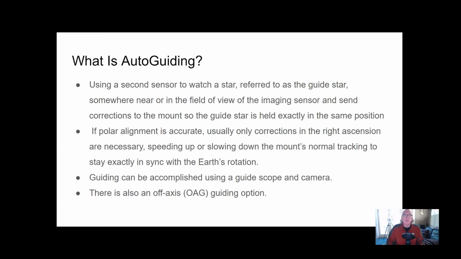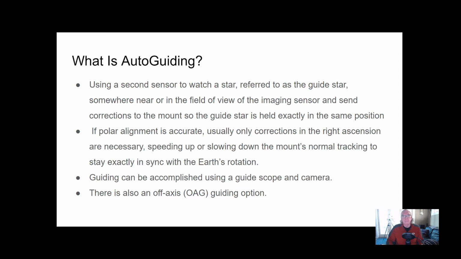Auto guiding, you don't have to guide. You can use your mount without auto guiding, but if you do want to move into auto guiding, you're going to need a guide scope, a guide camera, and then many people use PHD2 as the auto guiding software. I'll make a video when I get into that phase.